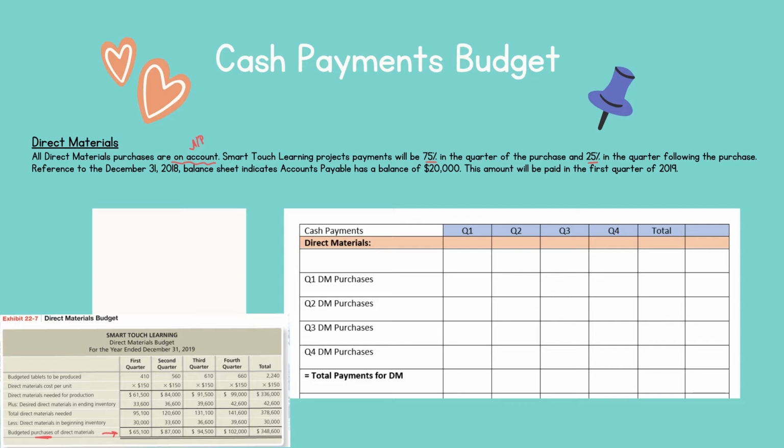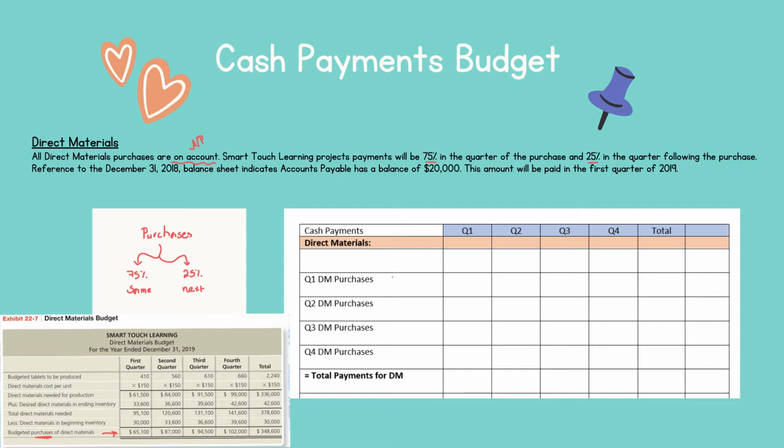So purchases will be paid as follows: 75% will be paid in the same quarter and 25% will be paid in the following quarter. Now we have the purchases from the purchases budget. I'm going to write them down here.